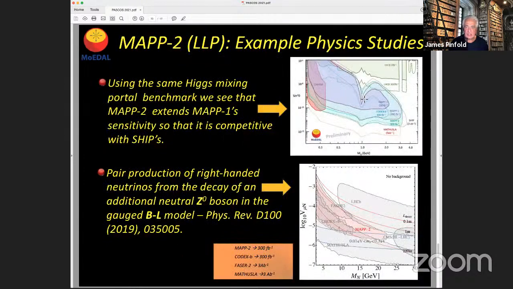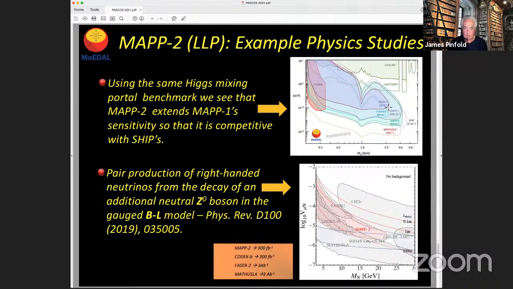And then if we look at MAP2, we extend our search reach out here, and you can see that now we're fully competitive with SHIP for this channel anyway. And for Methuselah, we move into more space than Methuselah, and we cover, again, the space between LHCb and Methuselah, this gulf between the two.